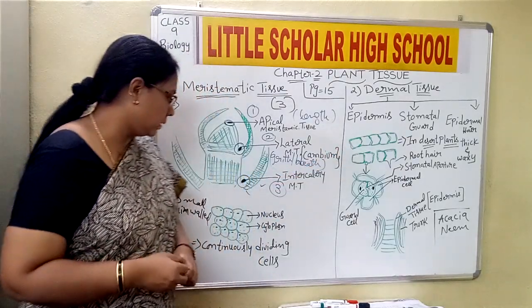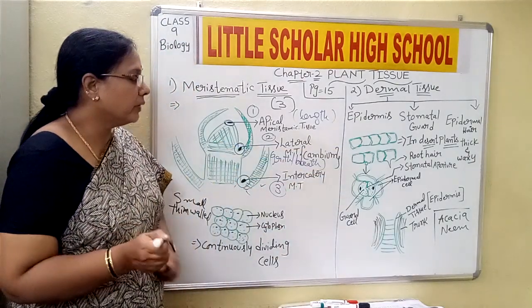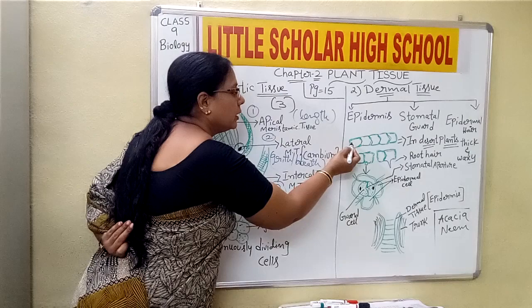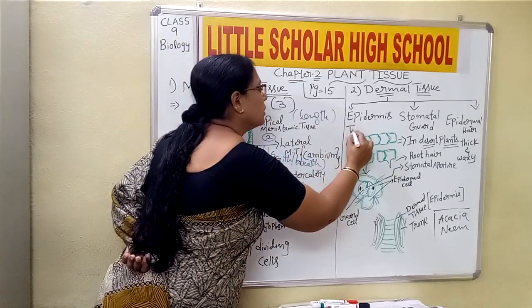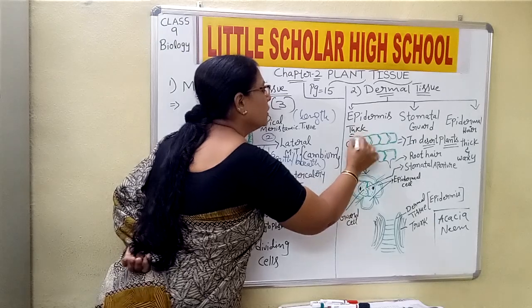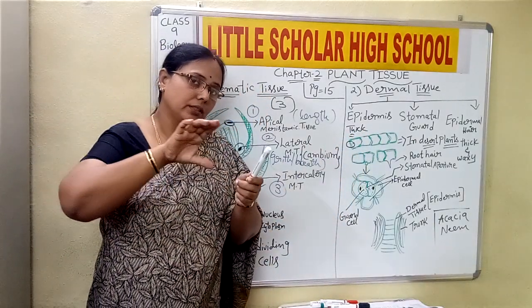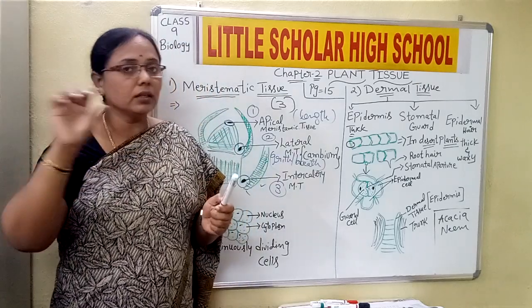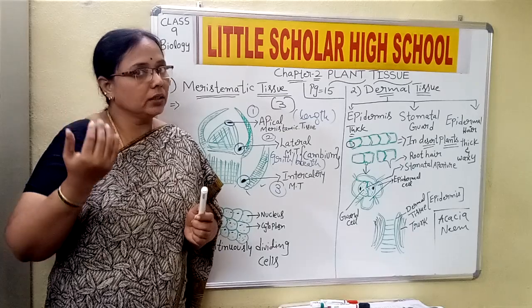If you compare the thickness of these cells and these cells, these are thin in nature and these are a little thick in nature. And these are in a single layer, children. These cells are arranged in a single-celled layer, and it protects the internal organs of the cell.